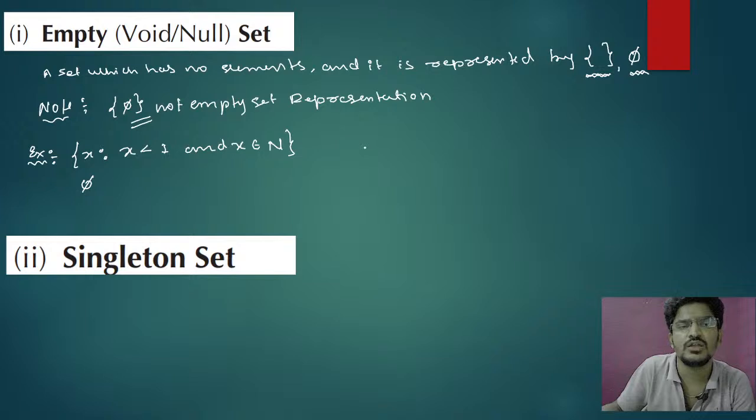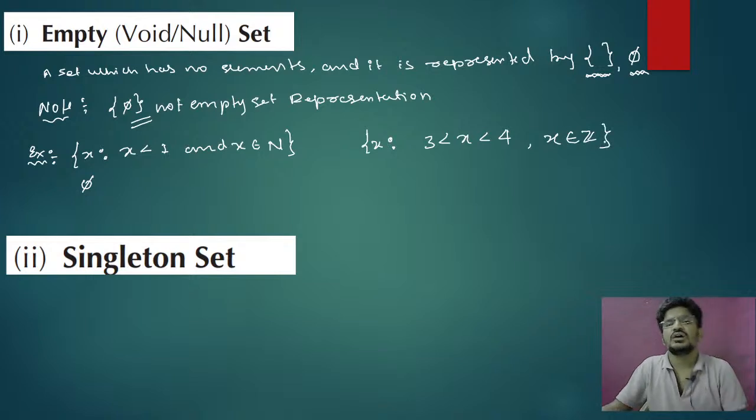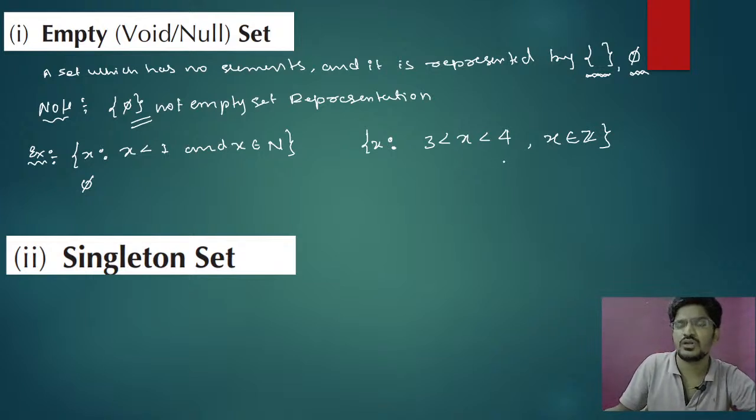You can also write: x such that x is in between 3 and 4, x belongs to integers. That means x should be greater than 3 and lesser than 4 and x must be an integer.